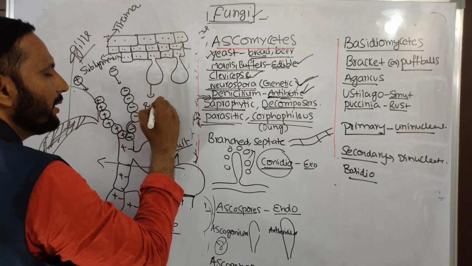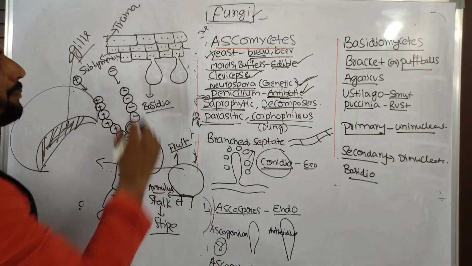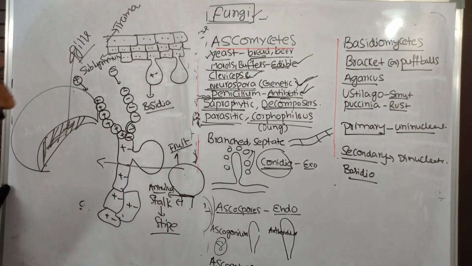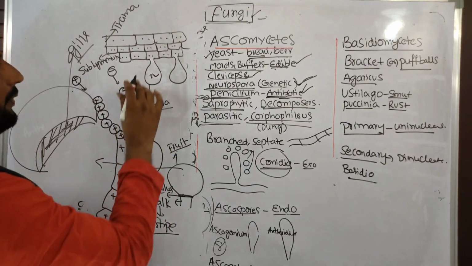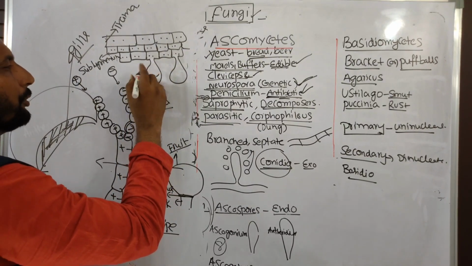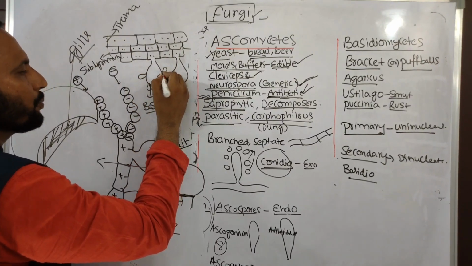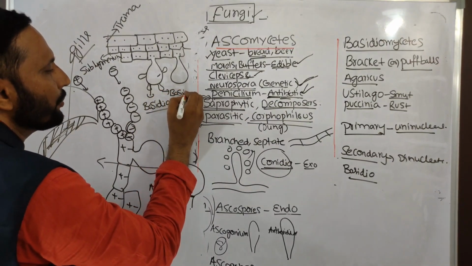They are called basidia. Now into the basidia, these two nuclei, plus and minus nuclei, are entering. Now these two nuclei fuse to form a diploid nucleus. The diploid nucleus undergoes meiotic division to form four haploid spores. These spores are called basidiospores.